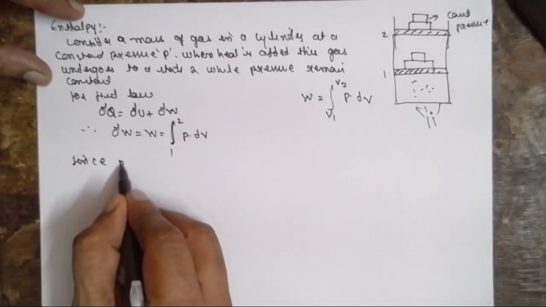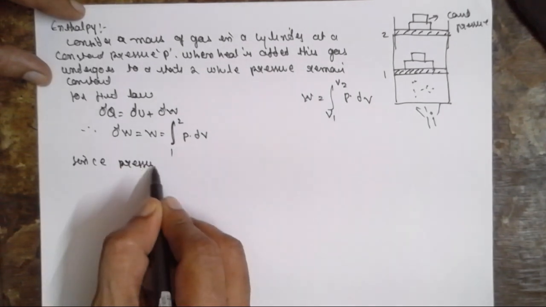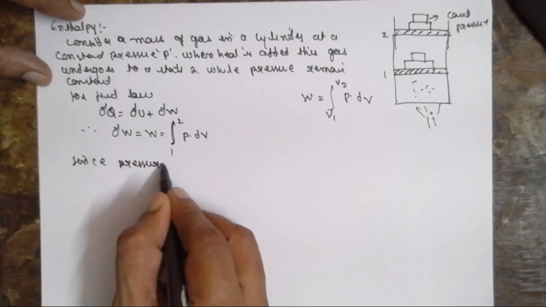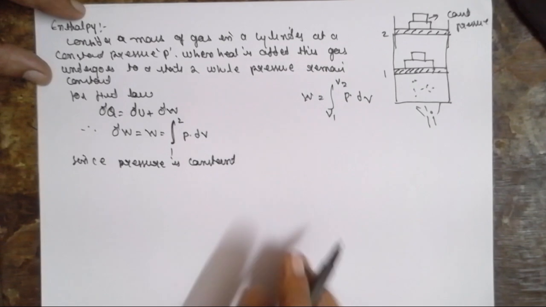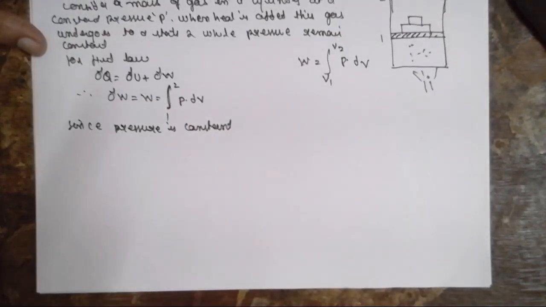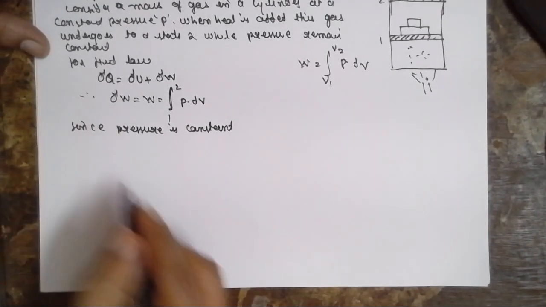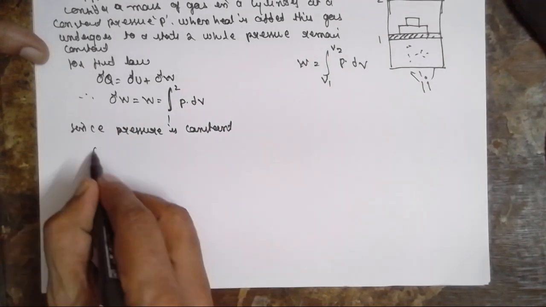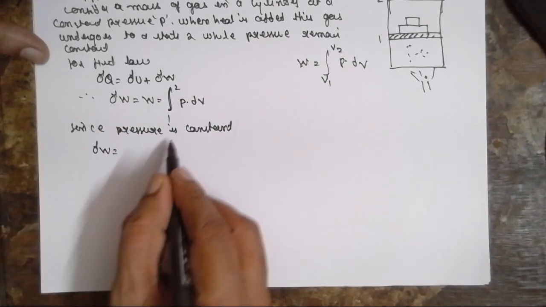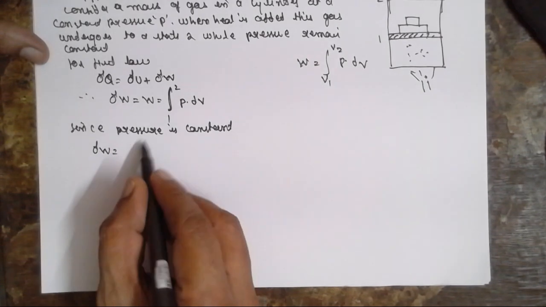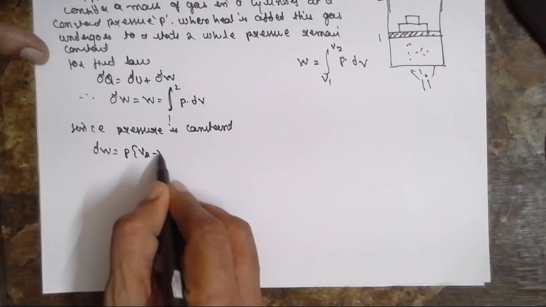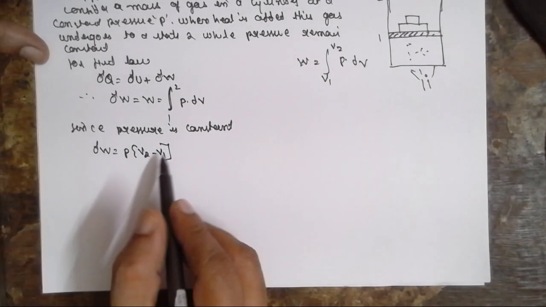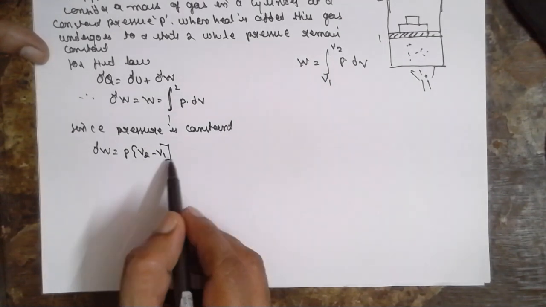Since pressure is constant, delta W can be written as, for constant pressure, we know the formula W is equal to P times (V2 minus V1).